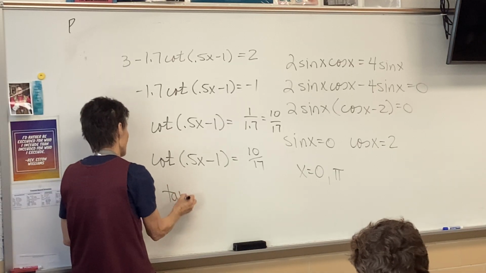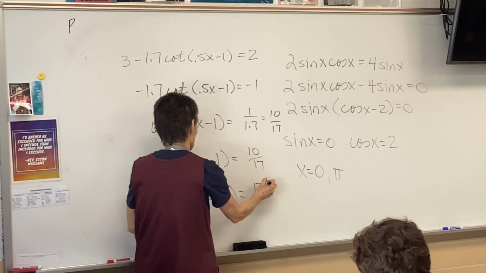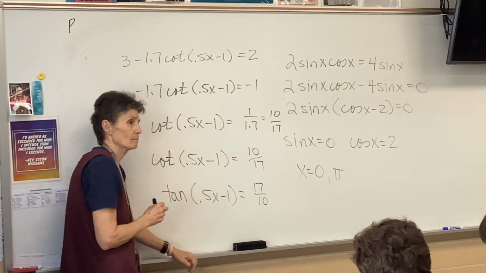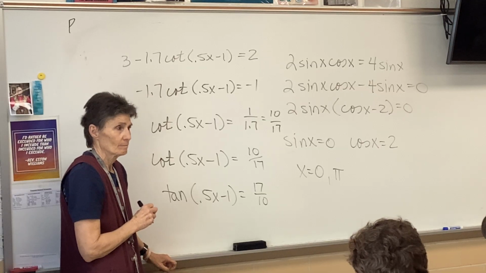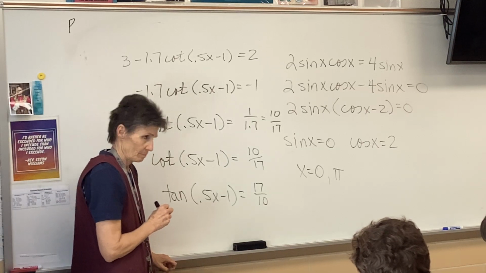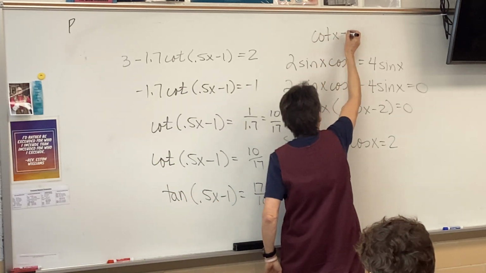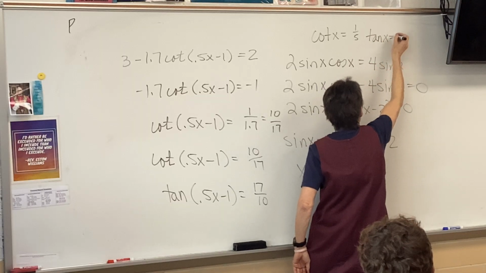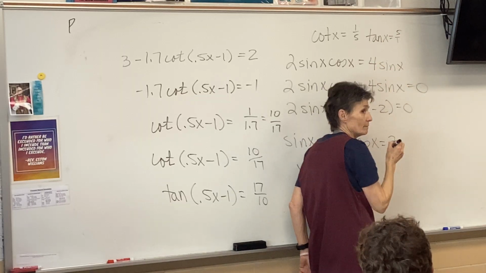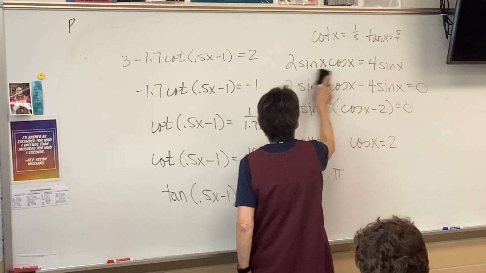Doesn't that mean that the tangent of this angle equals 17/10? If the cotangent is 1/5, the tangent is 5/1, right? That's their relationship, they're reciprocals.